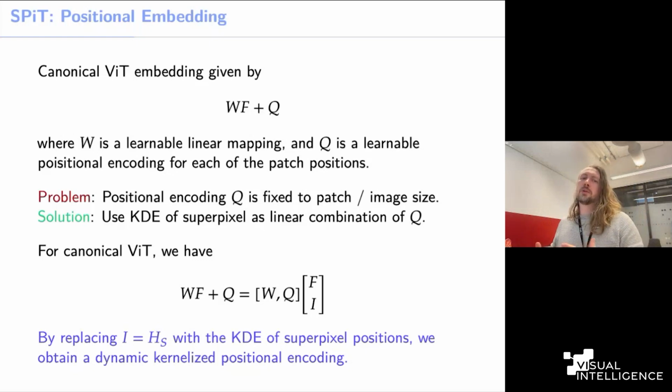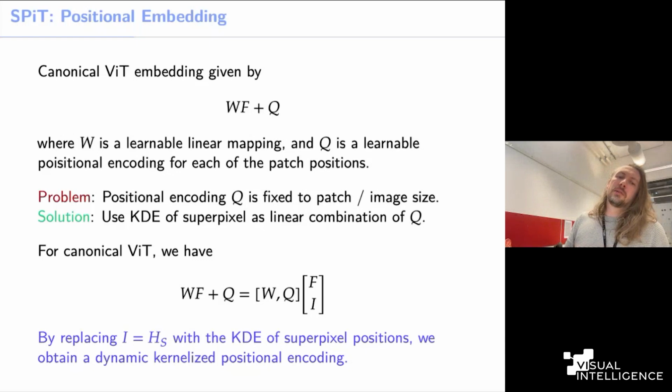The problem here is that when you start using superpixels, this positional encoding is fixed to some patch or image size, typically both, like the combination of patch and image size. So we can't use it out of the box. But what we can do is to use this kernel density estimator of the superpixel positions and take a linear combination of Q to form something that is more flexible.